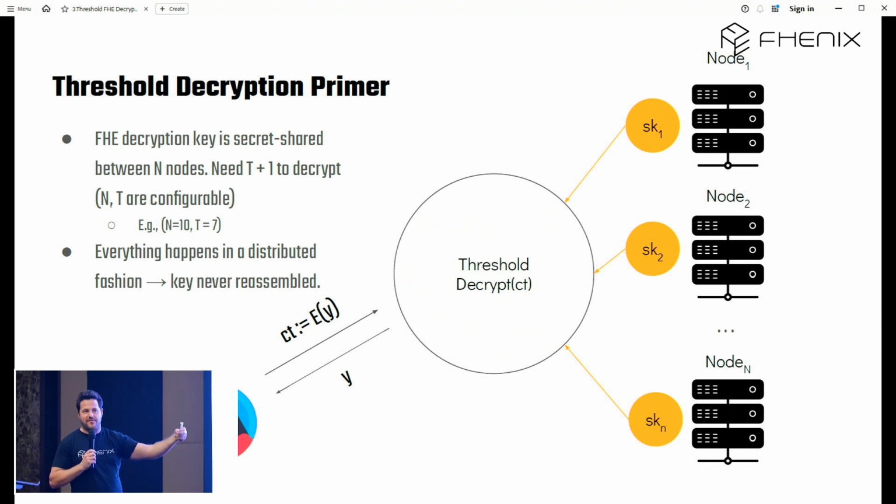So if you have 10, it's faster than 100, it's faster than 1,000, but obviously there's more security. The other parameter is the threshold, called T. You need T plus 1 of those to actually perform a decryption, but this is a double-edged sword. If T plus 1 players can do a decryption, that's sometimes what we want, but this is also where the security risk is.